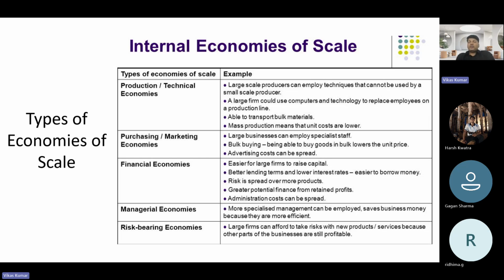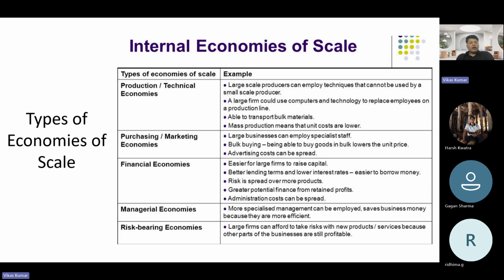When a company takes loans from multiple banks and investment firms, or goes for an IPO and is listed on the market, its dependency on shareholders and stakeholders increases. But when you are profitable, you have greater potential to take risk. And administrative cost also spreads, which eventually decreases the cost per unit.